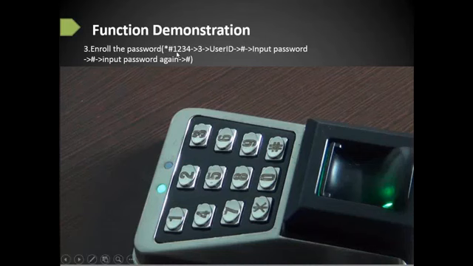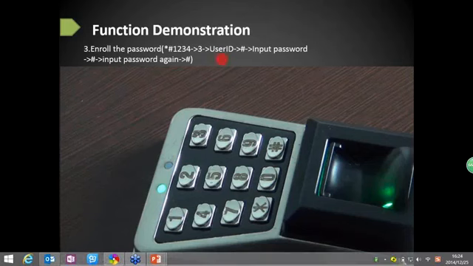It's the same by inputting the star key, pound key, 1, 2, 3, 4. And then enter the password enrollment by inputting the number 3. So next, for which user you need to enroll the password, it's time to input the user ID with the end of the pound key.